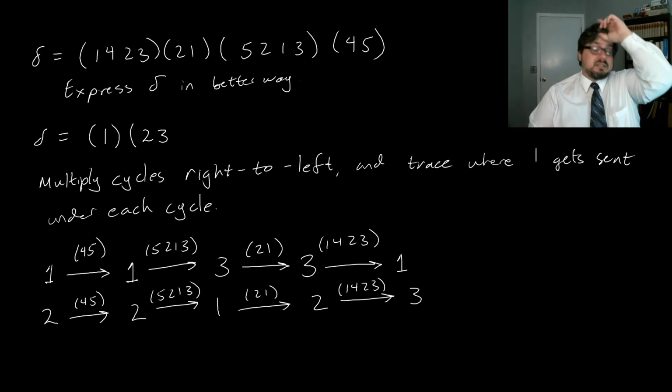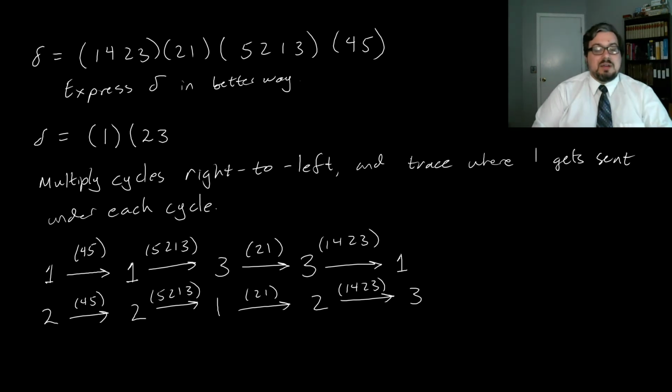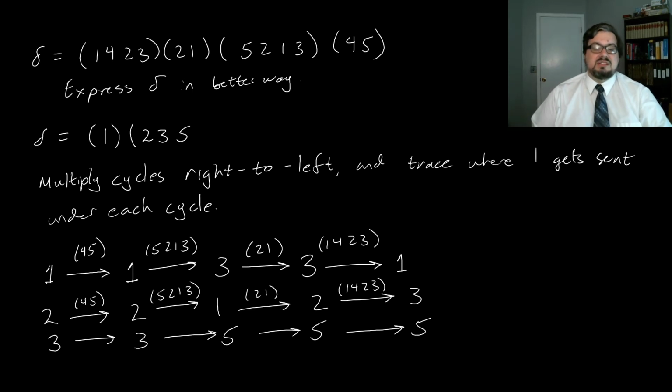And now we're going to see what happens to 3, continuing this cycle. 2 went to 3, so we'll see what 3 goes to. 3 goes to 3 under (4 5). 3 goes to 5 under the cycle (5 2 1 3). 5 doesn't change under (2 1), and 5 doesn't change under (1 4 2 3). So that means 3 gets sent to 5 in delta.